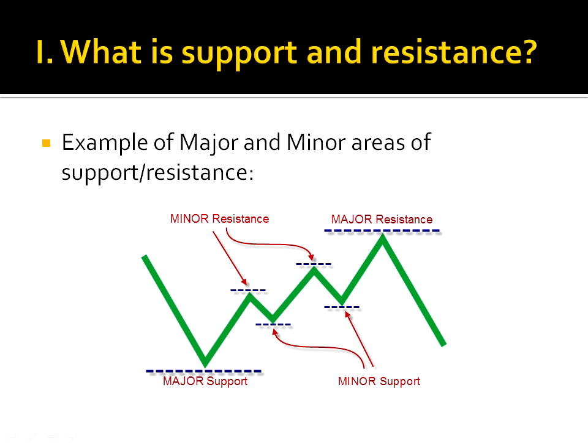Now, as it zigzags its way up from the support to the resistance, it makes this zigzag pattern. And the highs and the lows made during this zigzag are minor areas of resistance, minor areas of support. And we can see them laid out by the dashed lines.